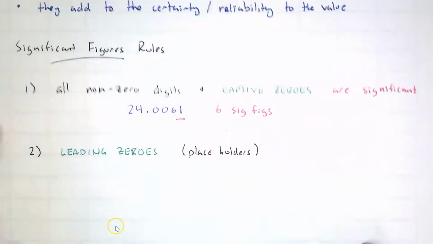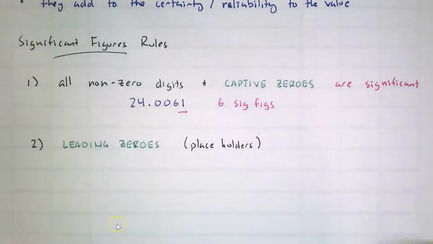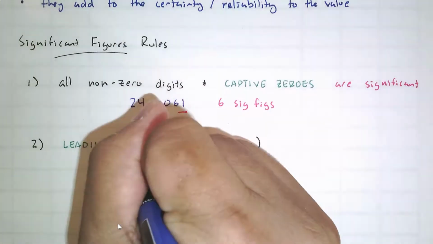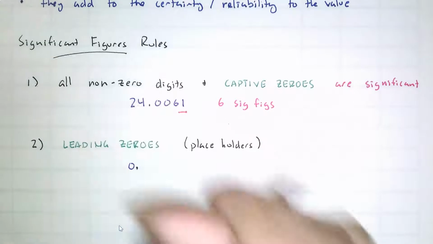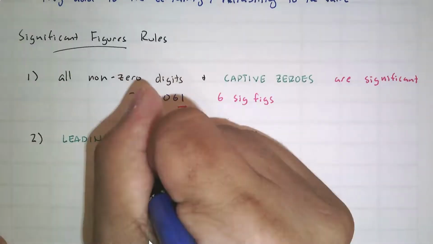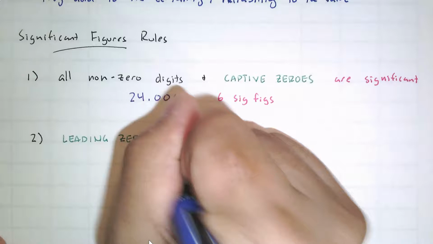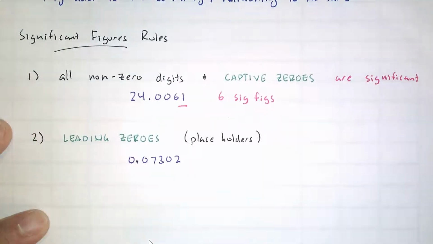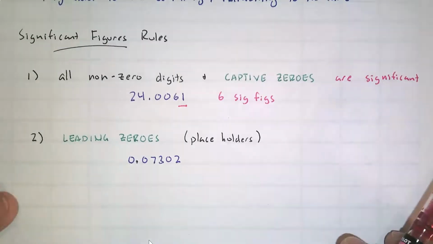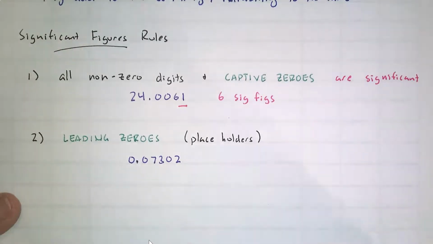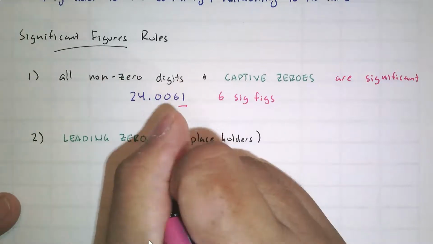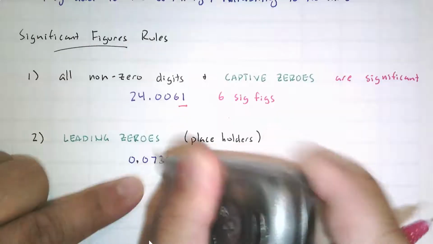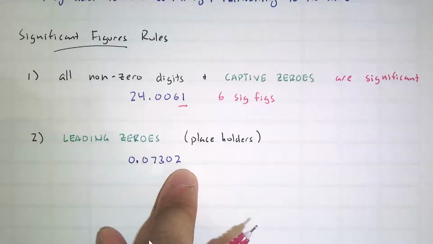Okay, let me give you a decimal, a value less than 1. I personally always like to put 0 before the decimal if you have a number less than 1. 0.07302. How many significant figures does this value have? Definitely 7, 3, and 2 are significant.